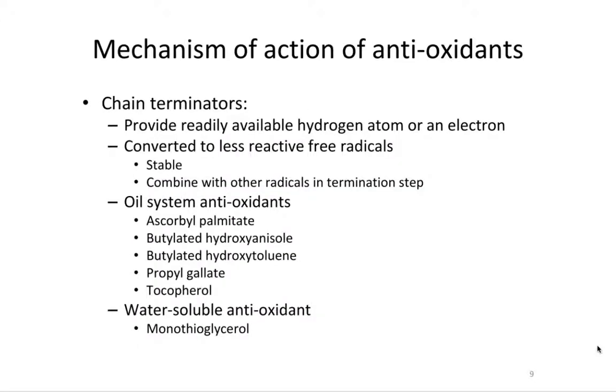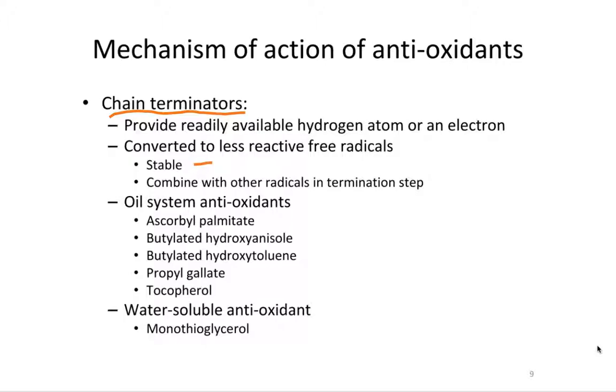Another type of antioxidants act by functioning as chain terminators. That is, these molecules provide a readily available hydrogen atom or an electron. They get converted to less reactive radicals, which are more stable.